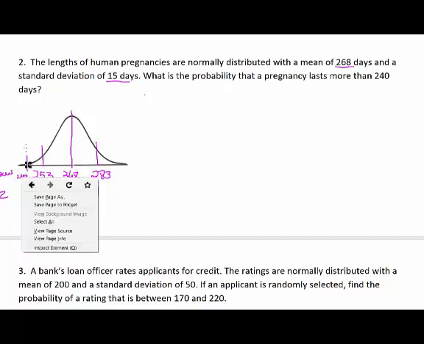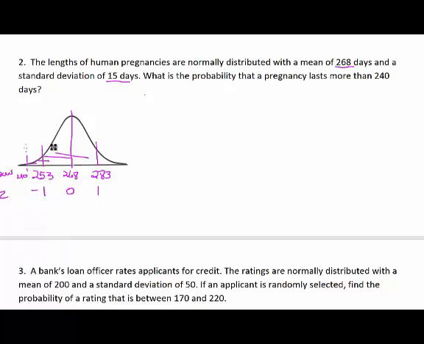A lot, because there's a lot of the chart that's under. So it's all this from that little dotted line on, so it's going to be most people. The first thing we need to do is find the z-score that matches that 240.